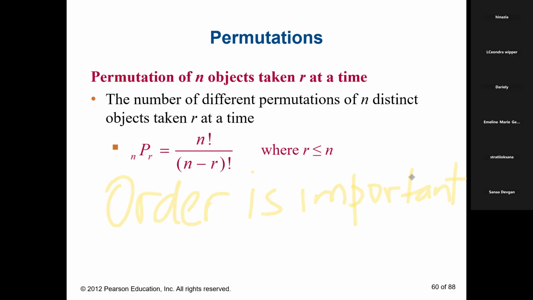Okay. Now, n is always greater than or equal to r. r cannot be greater than n, but they can be equal. But n is always greater than or equal to r. Got it?